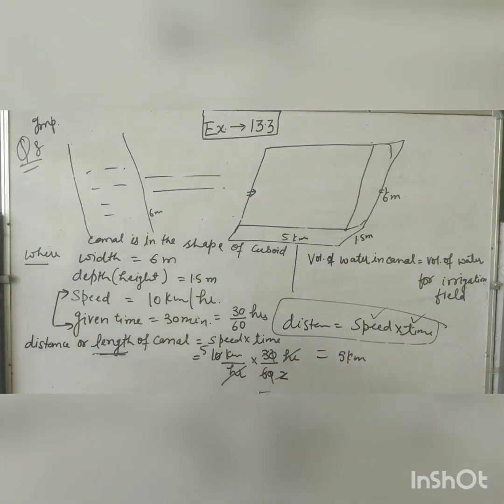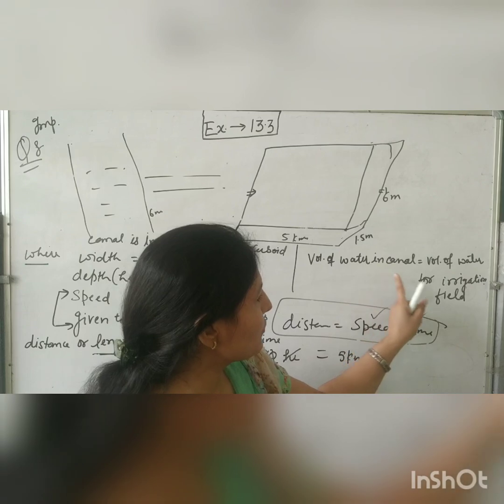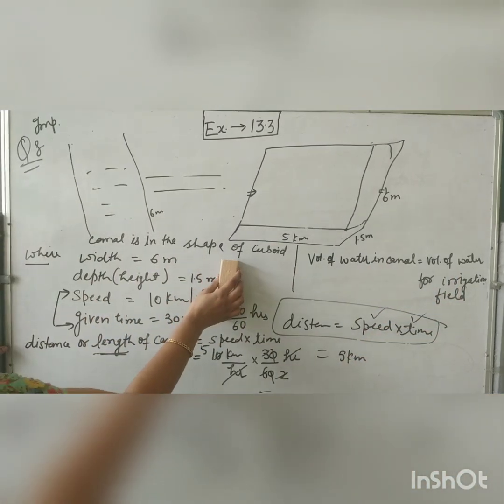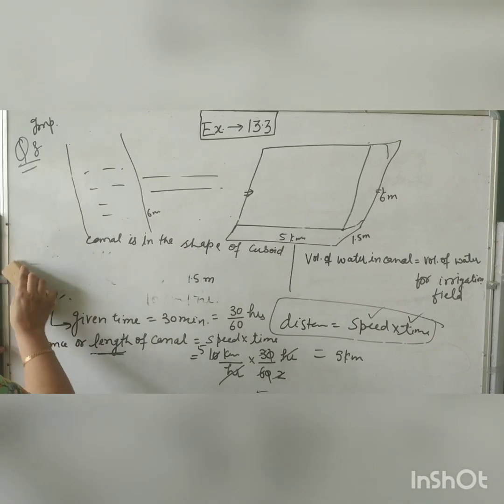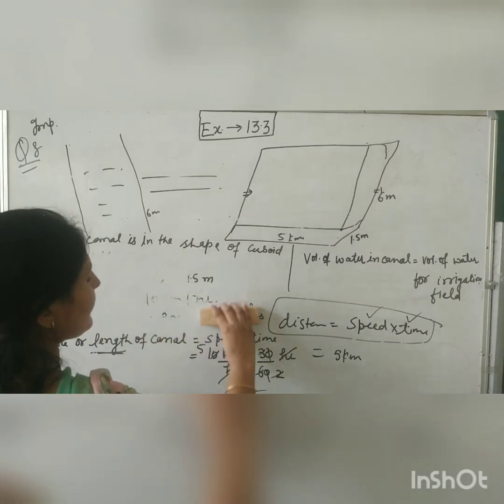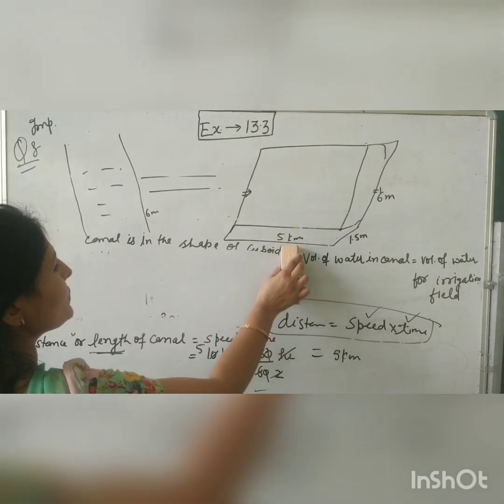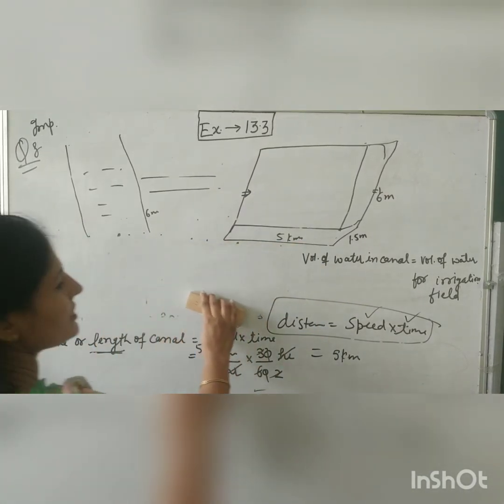Now we have to find this volume of water or volume of area. Now we have to substitute these values in the equation.